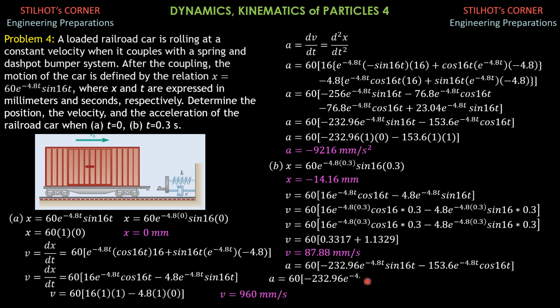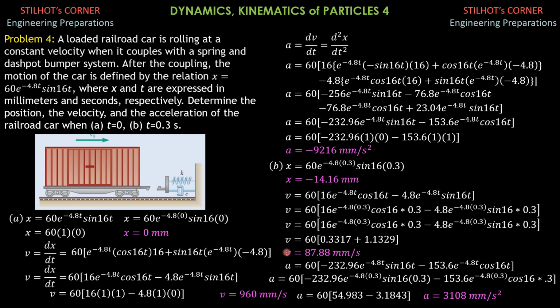So negative 232.96 e to the negative 4.8 times 0.3 sine of 16 times 0.3 minus 153.6 e to the negative 4.8 times 0.3 cosine of 16 times 0.3. The value of the first term is 54.983, and the second term is negative 3.1843. So acceleration is equal to 3108 mm per second square.